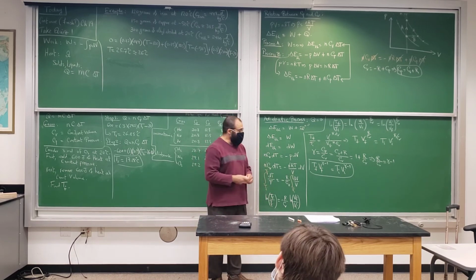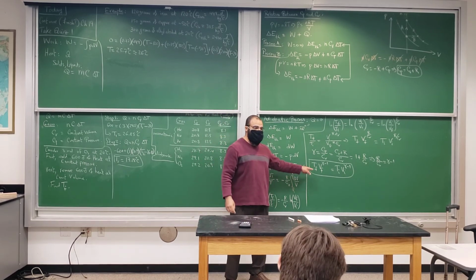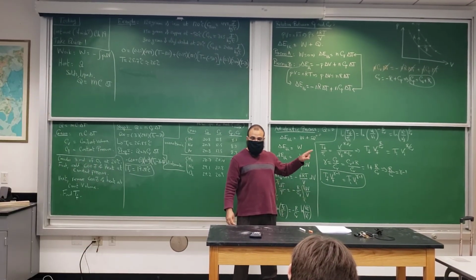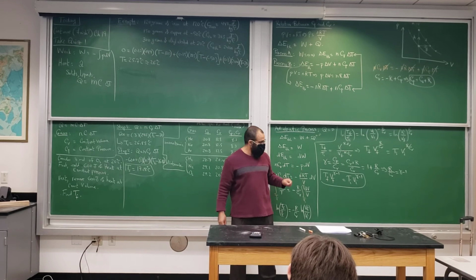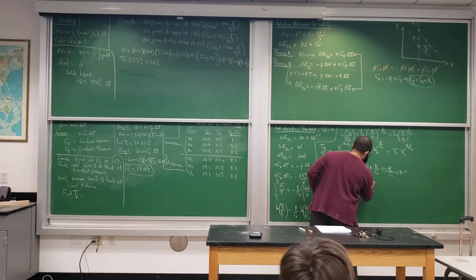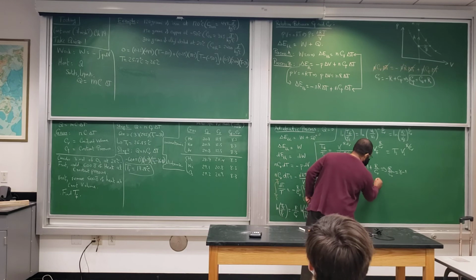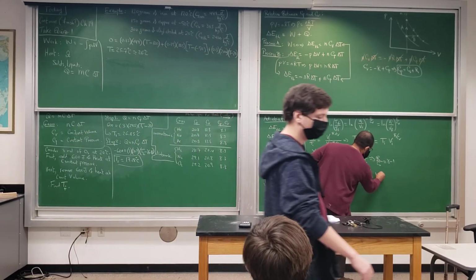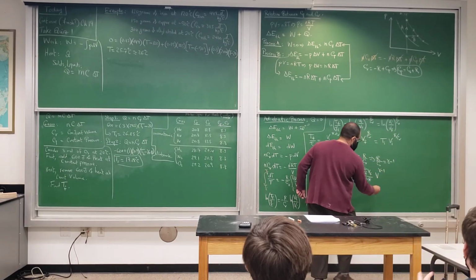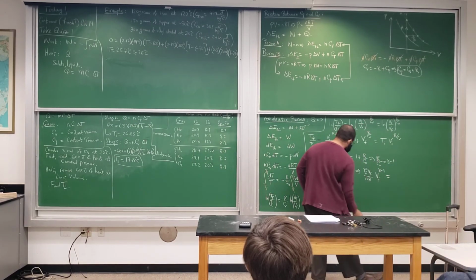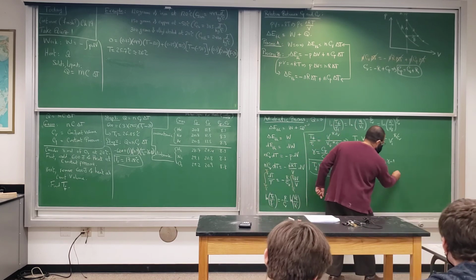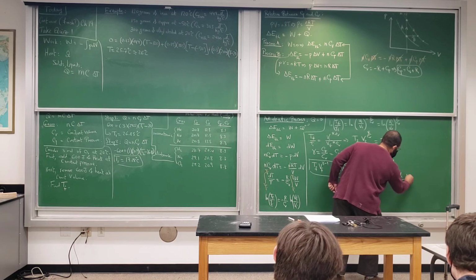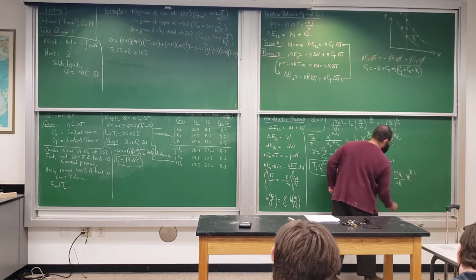And in terms of pressure, instead of T final, what is T final? It will be P final, V final over NR, right? So instead of T final, I will write P final, V final over NR, and then V final to the gamma minus 1, and on the right side I'll have the initial: P initial, V initial over NR, V initial to the gamma minus 1.